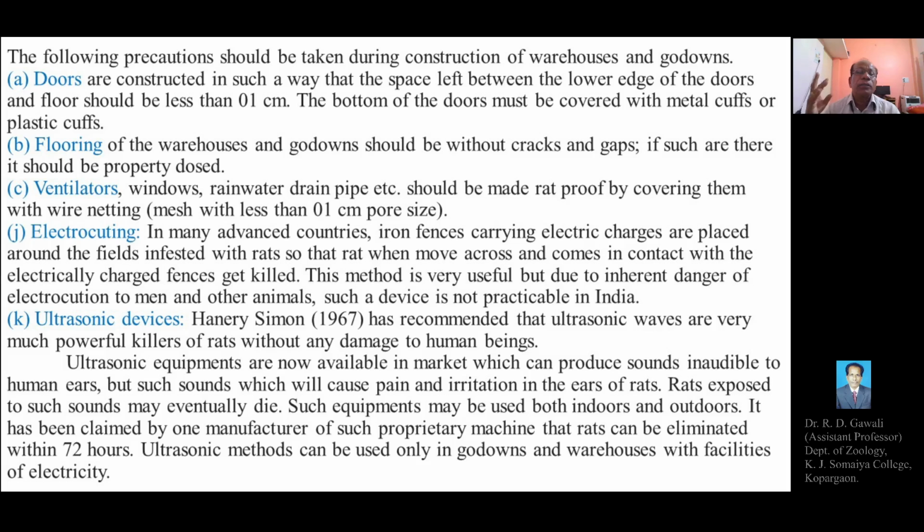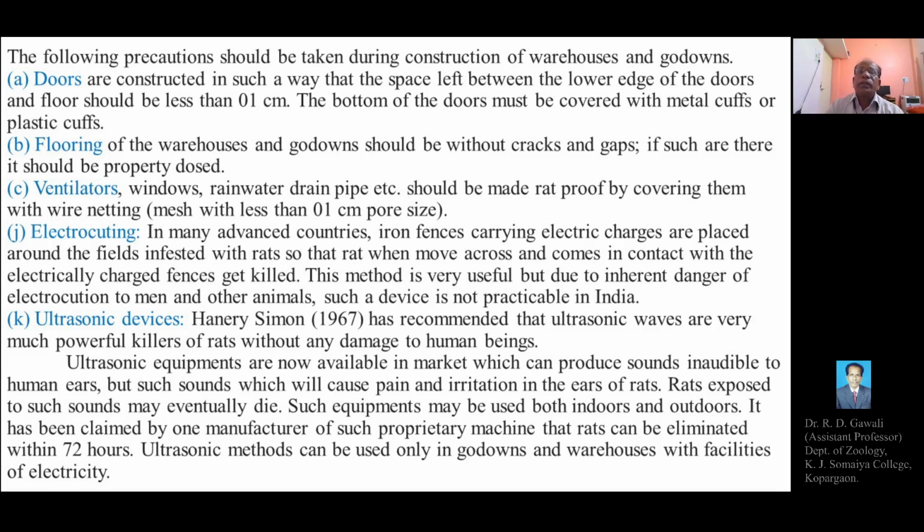Then ventilators, windows, rainwater drain pipes, etc. should be made rat proof by covering them with wire netting or a mesh with a pore size of less than 1 centimeter.